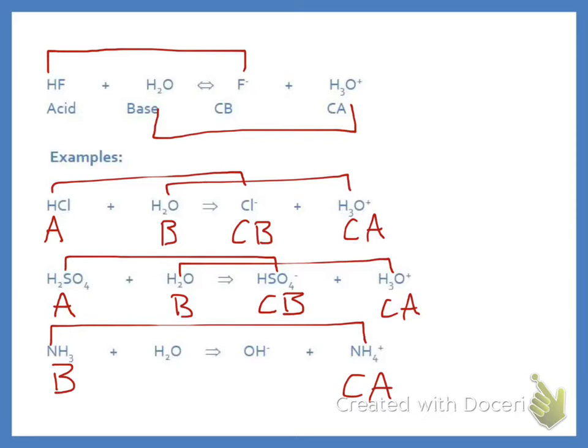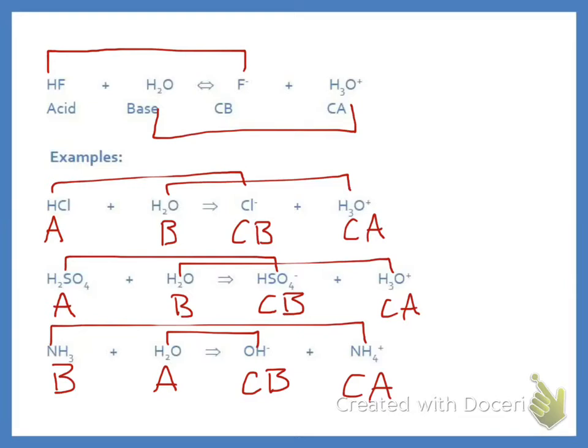The water did what? Water went from H2O to OH minus. So what did it do? It gave it away. So that makes it the acid. So that makes the hydroxide be the conjugate base. Okay?